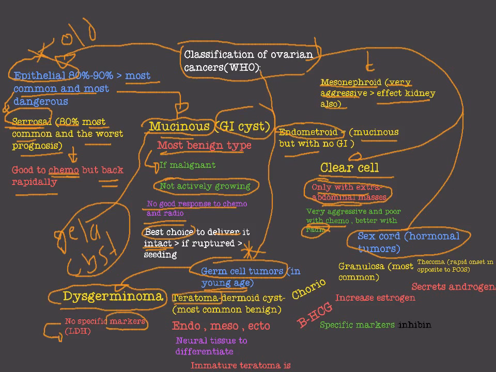Teratoma is the second germ cell tumor. Teratoma is the most common benign tumor of the ovaries. It contains three layers: the endo, meso, and ectoderm tissues. So we can see teeth, hair, and all types of tissues in teratoma.